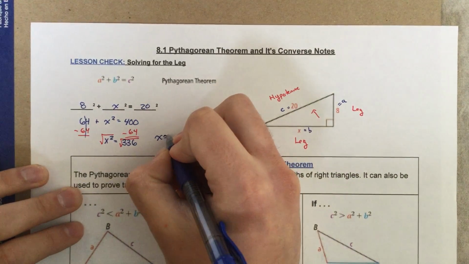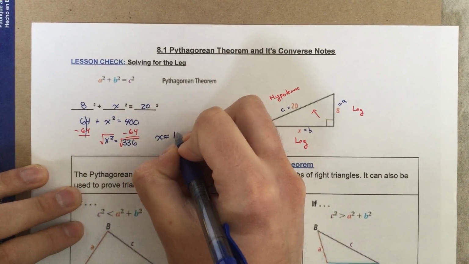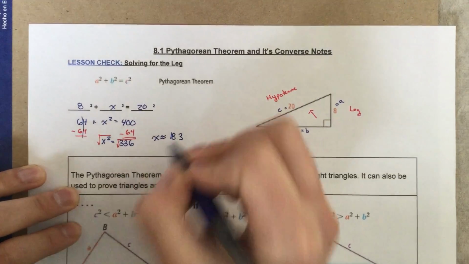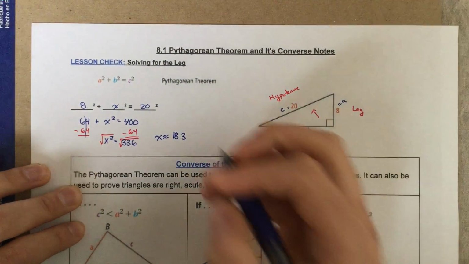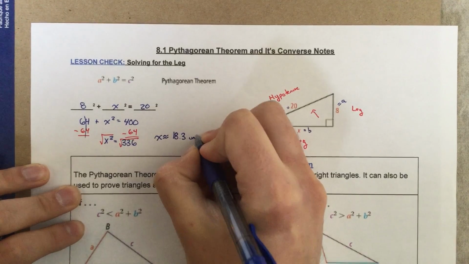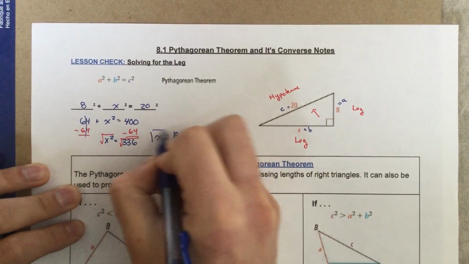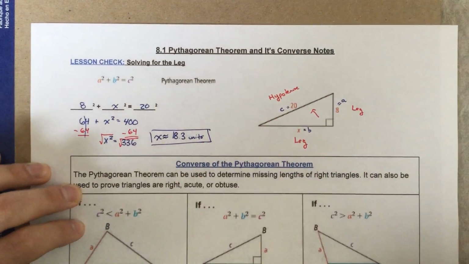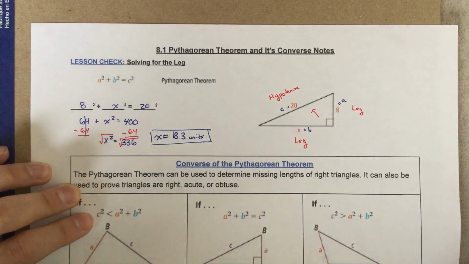And I get about 18.3. 18.3 units. You're going to need a calculator for this. I did not do that in my head.